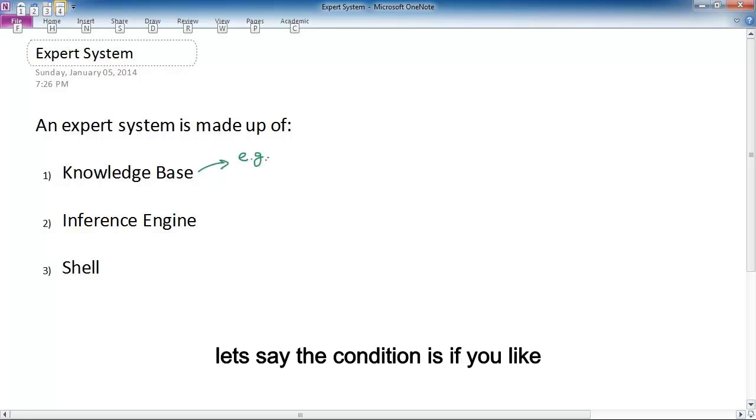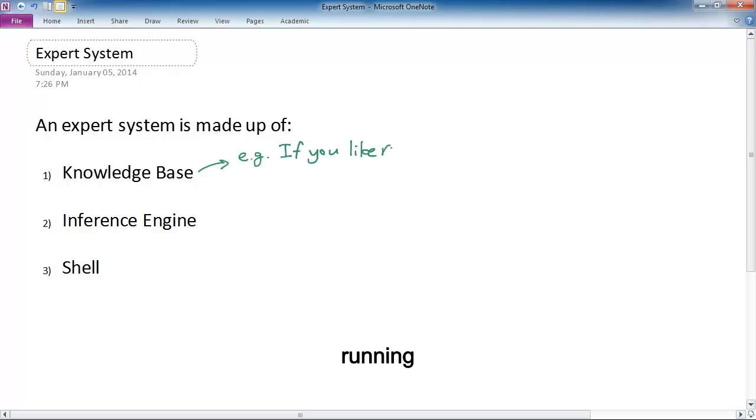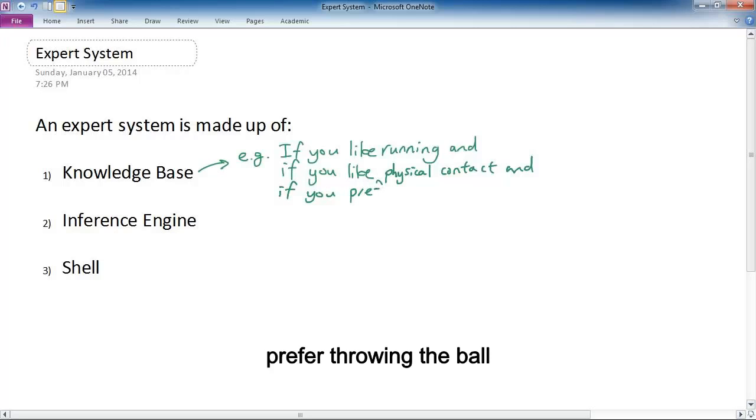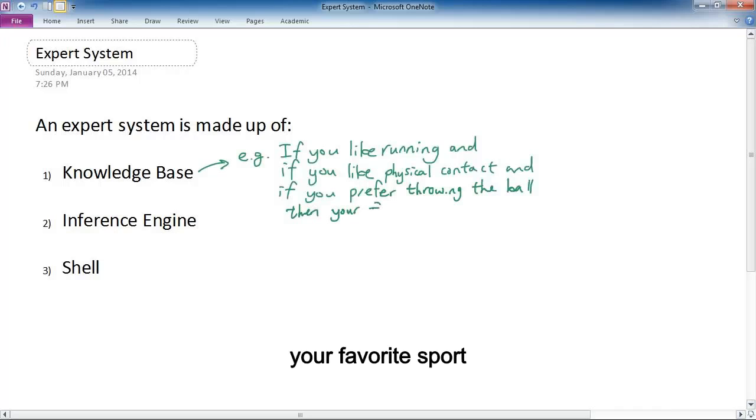Let's say the condition is if you like running, and if you like physical contact, and if you prefer throwing the ball, then your favorite sport is basketball.